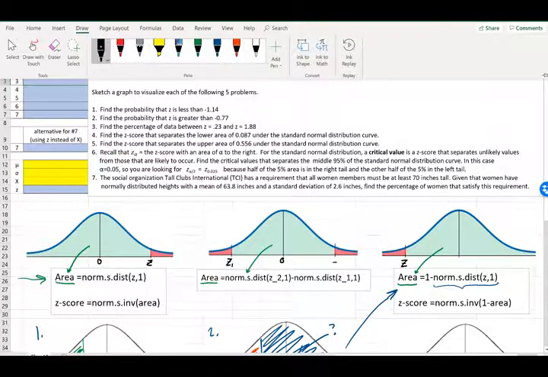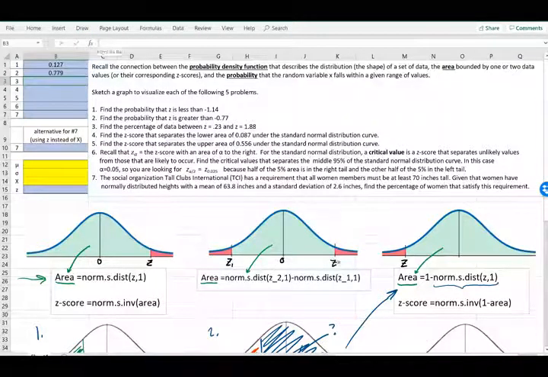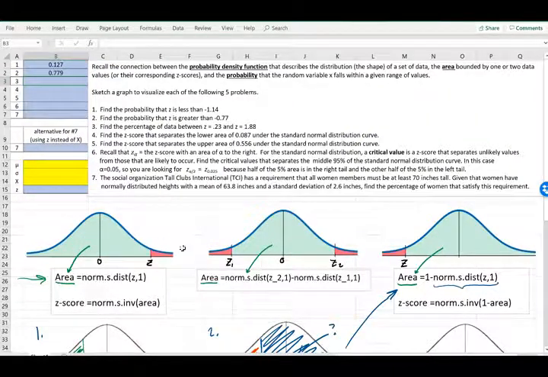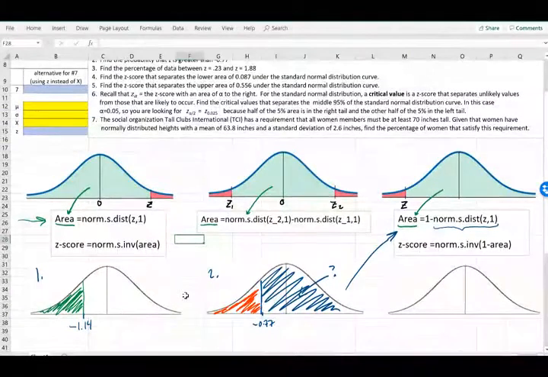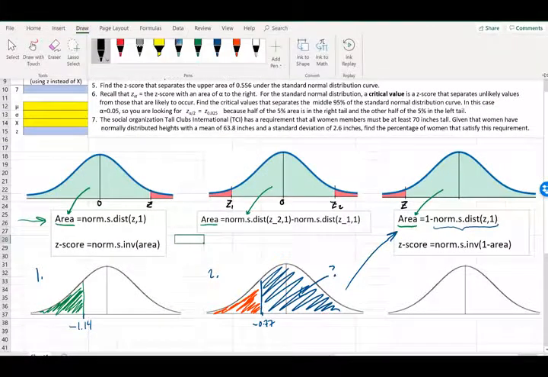Let's just put that little z2. Okay, so 2 z-scores, z1 and z2. All right, so now if we want the percentage of data between 0.23 and 1.88. Remember, percentage, probability, area, they all mean the same thing in the context of continuous probability distributions.